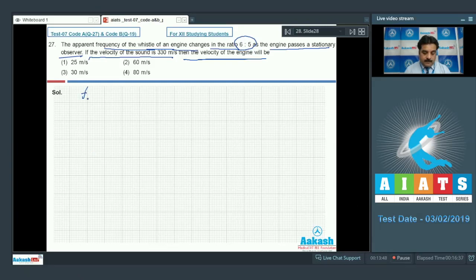So I will write the apparent frequency in two ways. First, when he goes very close to the stationary observer, the frequency is f times V upon V minus Vs. In the second case, when he moves far away, it is V plus Vs, and we all know this formula.